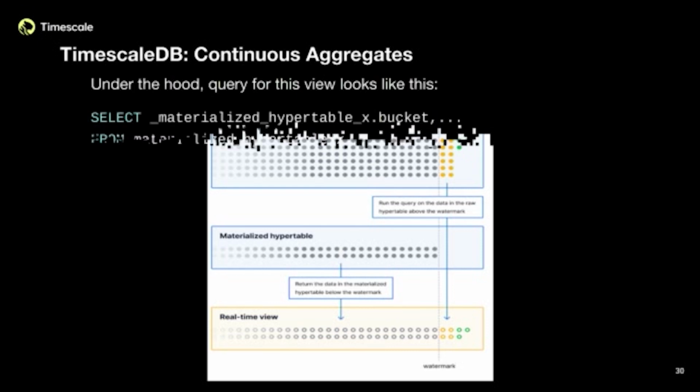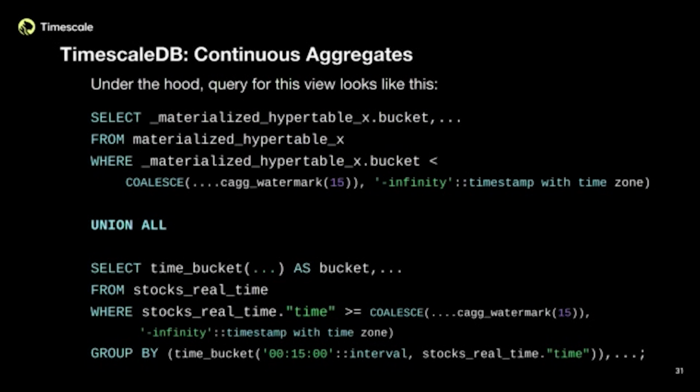And this, under the hood, is something like this. We select data from the materialized hypertable and get the watermark, check the bucket less than the current watermark, union with a query over the original hypertable. So we keep track of the watermark, and we can read the data in the past of the watermark and after the watermark.